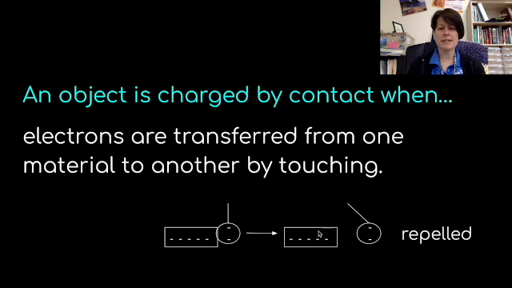What then happens is I have a negatively charged rod and a negatively charged pith ball, and remember, like charges repel, so that pith ball should move away from my rubber rod. So when we charge things by contact, we transfer the charge from one object to the other, and they have the same charge. Charging by contact causes them to have the same charge.